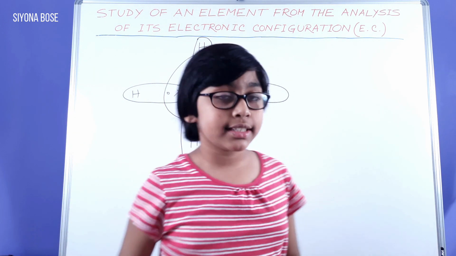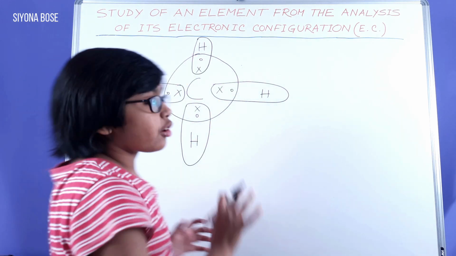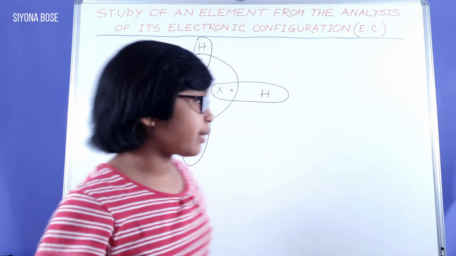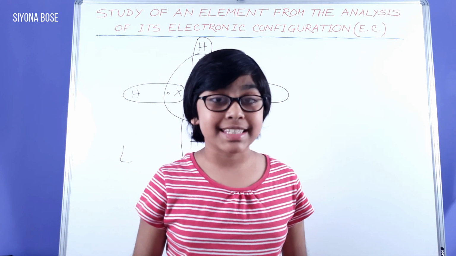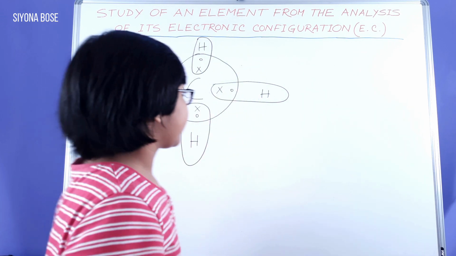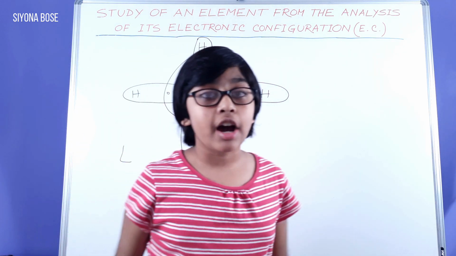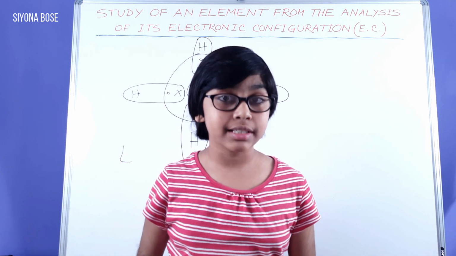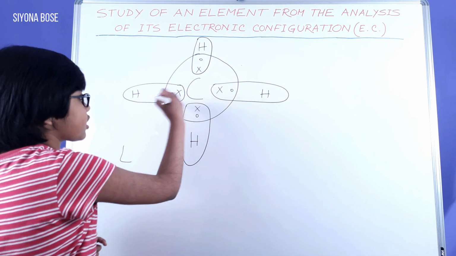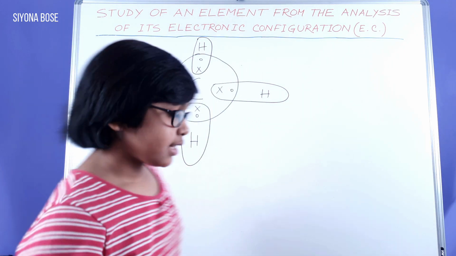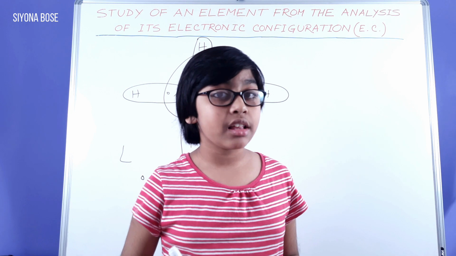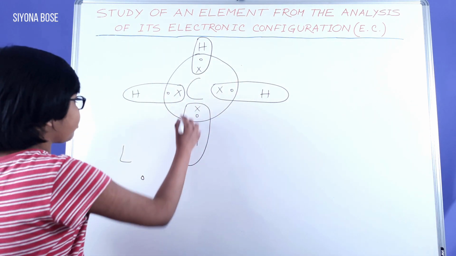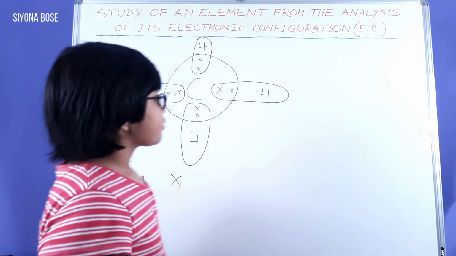I have represented carbon with a circle around it, which is the outermost shell, the L shell, since the innermost shell is not important here. And here, hydrogen's electrons. Hydrogen has only one electron. Hydrogen's lone electron is represented with a tiny circle, and carbon's electrons in the valence shell have been represented with a cross.